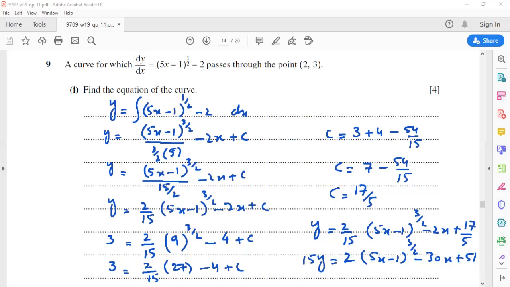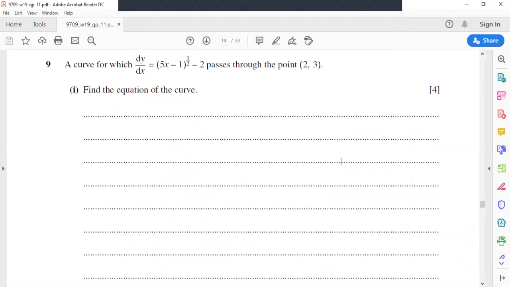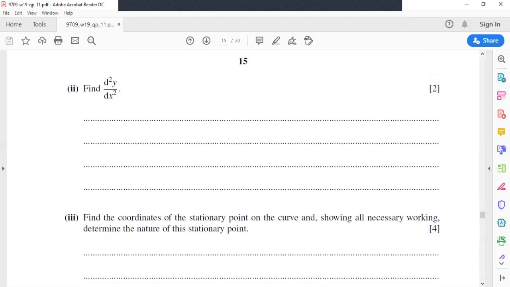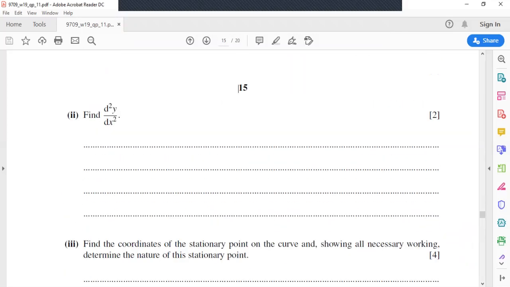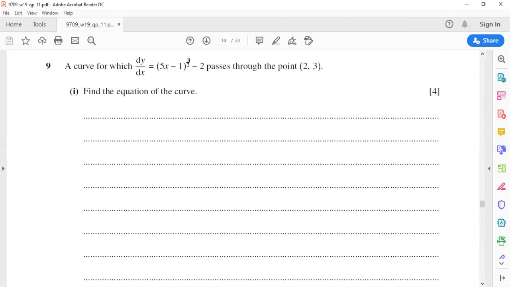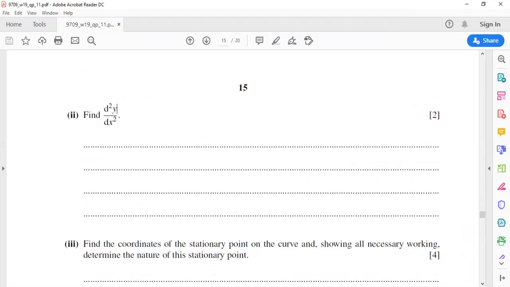Now, if we go for the next part, it says find the value of the second derivative. dy by dx was (5x minus 1) power half minus 2.